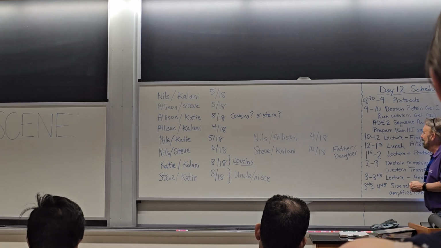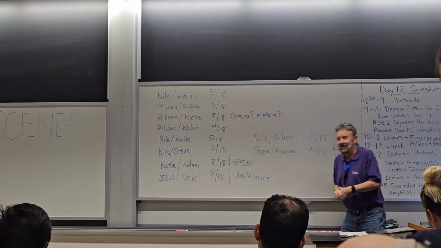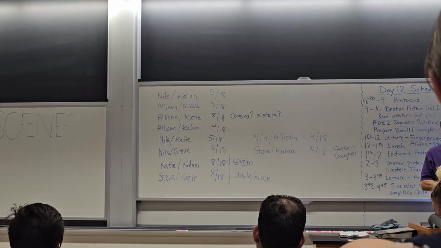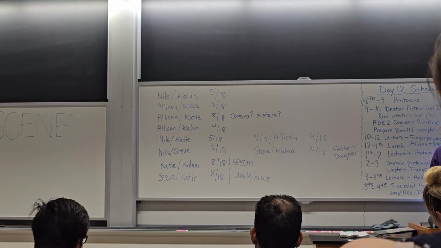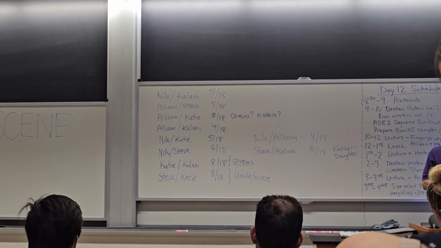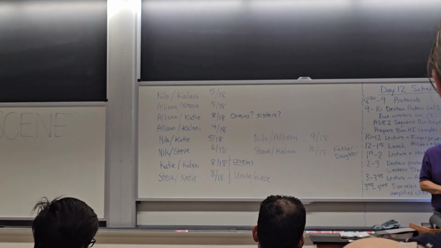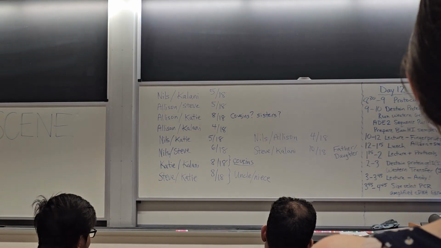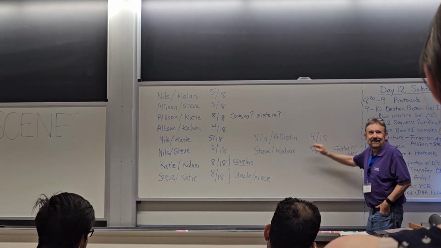So, there are 3 familial relationships up here, and I told you there were 4. What's the 4th one? Mills and Allison. I cheated on that one. But it's really good, their fingerprints are really different.